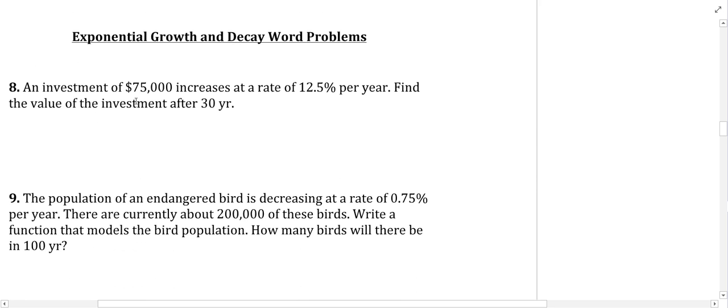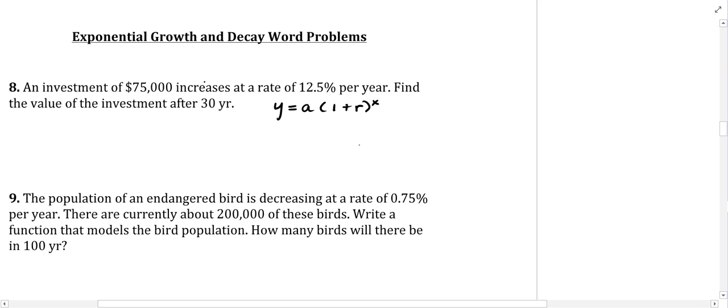An investment of $75,000 increases at a rate of 12.5% per year. Find the value of the investment after 30 years. Okay, increases, so this is growth. 1 plus r.